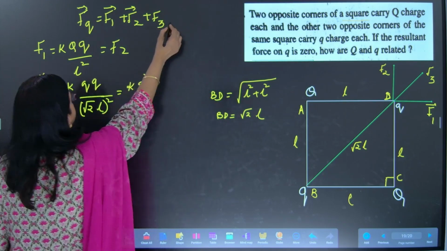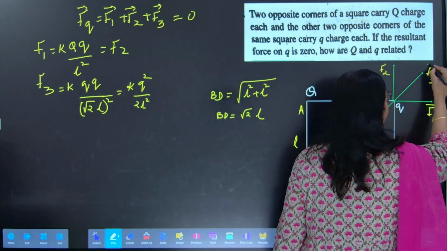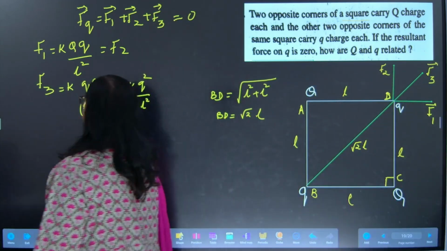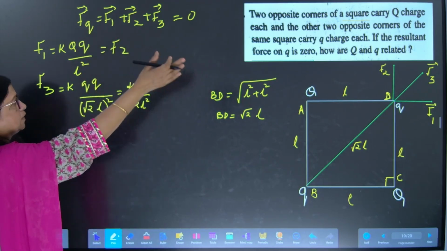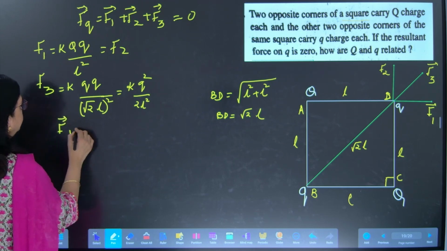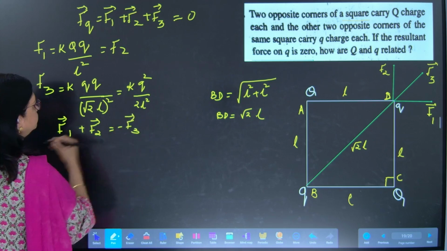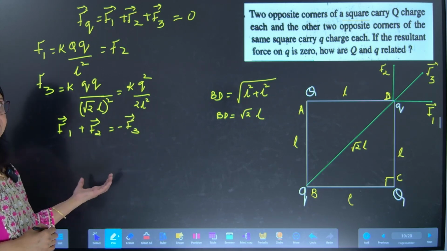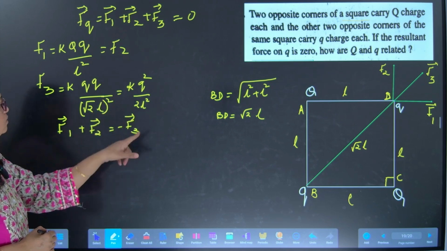So F1 plus F2 plus F3 is equal to 0. Okay. So as seen here, we can just substitute what is given to us, and we have to find out a condition between capital Q and small q. So it can be written as F1 plus F2 is equal to minus F3. That means the resultant of F1 plus F2 is opposite and equal to the vector F3.